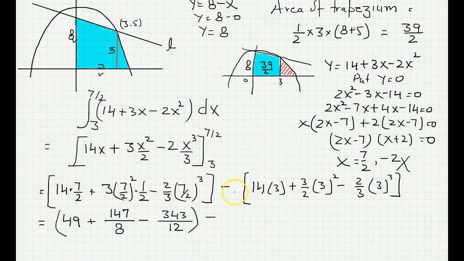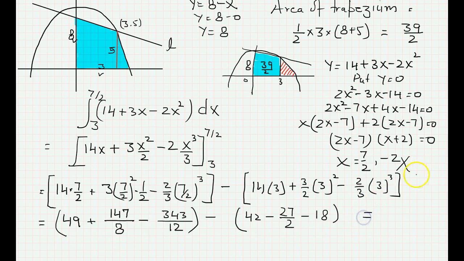minus 14 multiplied by 3 is 42, minus 3 squared, 9 times 3 is 27 over 2, minus this 3 here, this is 27, so 9 times 2 is 18, minus 18.